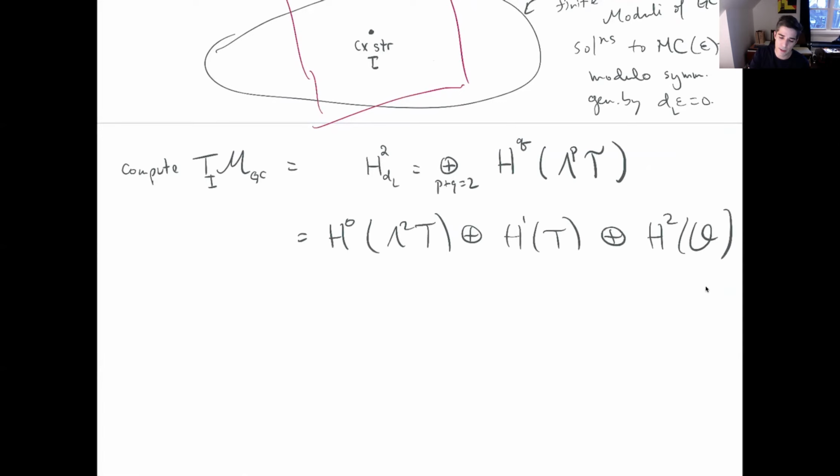Okay, and I just want to point out, here we see the usual deformations of complex structure.